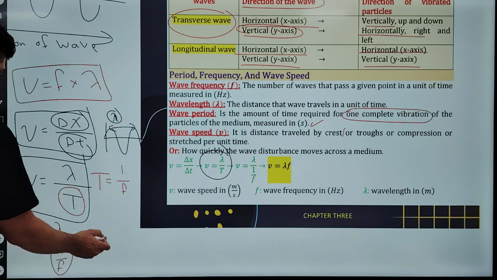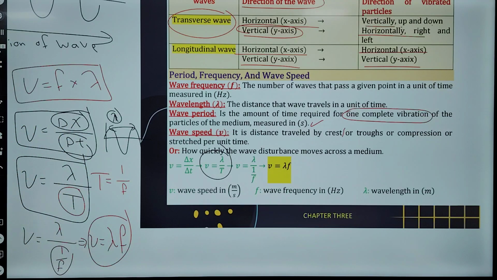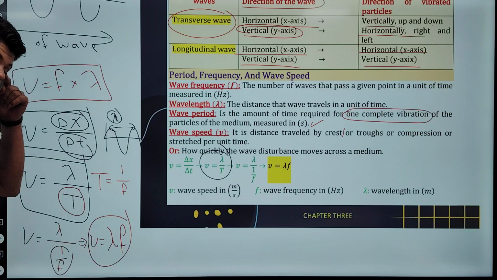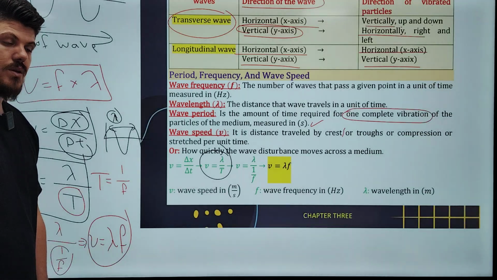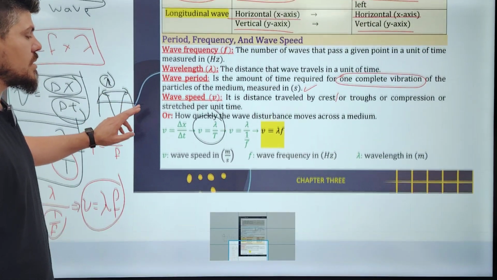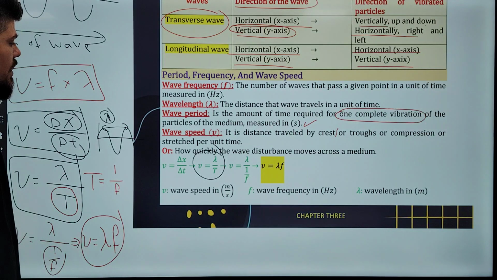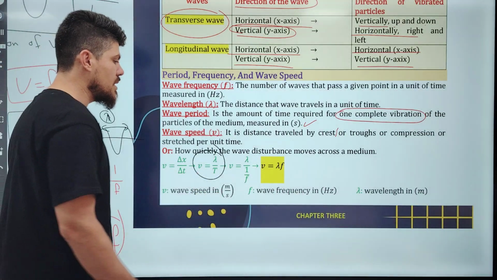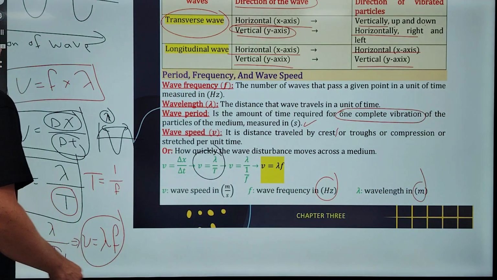So v is equal to wavelength times frequency. This is the speed of the wave. Be careful, this equation does not depend on the quantities present in it. Wave speed is measured in meters per second, frequency in hertz, and wavelength in meters.